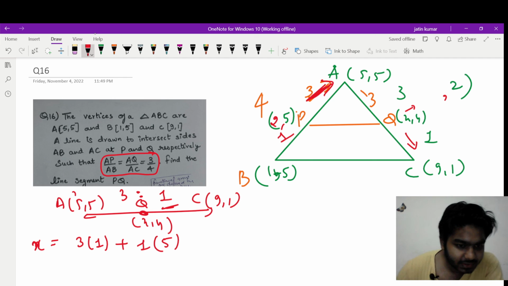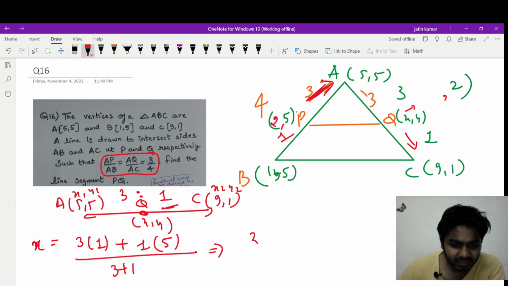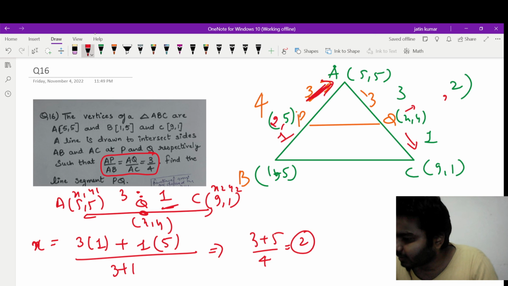Again, one second: x1 y1 x2 y2, so 3 into 1 plus 5 into 1, that's right. 3 into 9 it will be, sorry, no, 3 into 1 is right. And below comes 3 plus 1, so it will be 3 plus 5 upon 4, so it will be 2, and the y coordinate also 2.